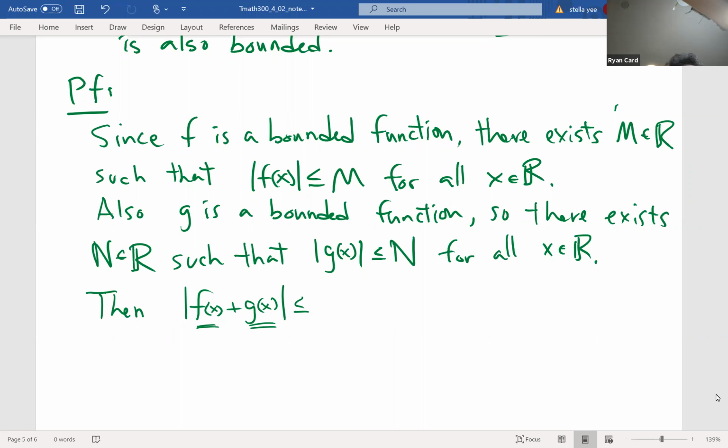But if they're both positive or both negative, then this will be equal to the sum of the absolute values. So this inequality is called the triangle inequality. It's from the reading of chapter 1.